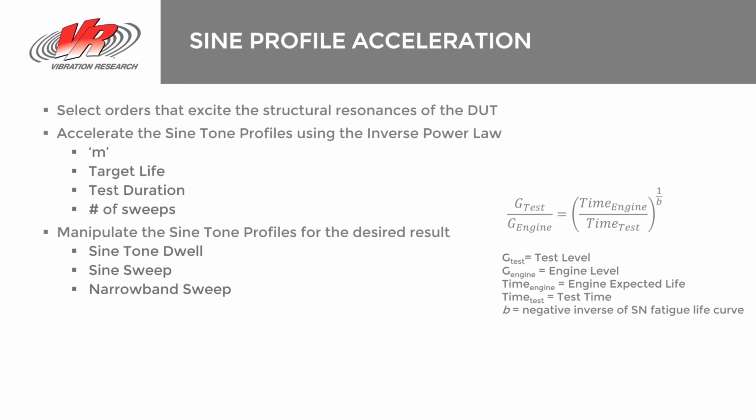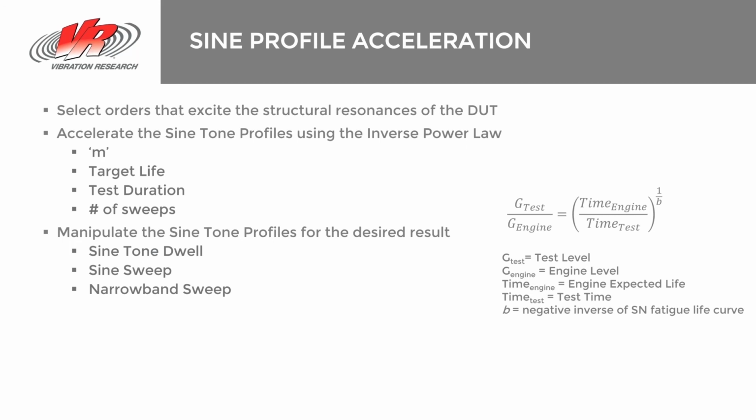And that requires a material property, which is related to that B value in the formula on the right-hand side. M equals -1 over B, so they're directly related to each other, but that is the slope of the SN curve for the material that is being tested. We then define a target life, a test duration, and the number of sweeps. And this allows us to do the sine tone profile generation.